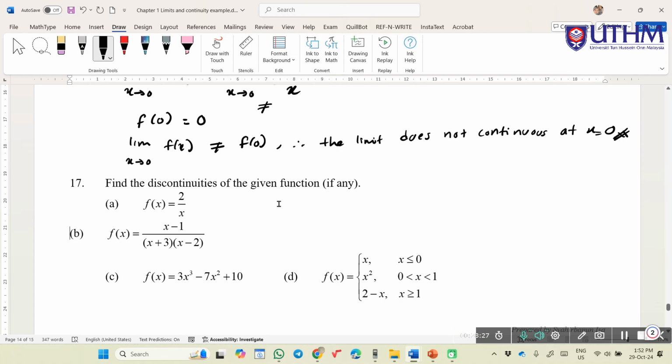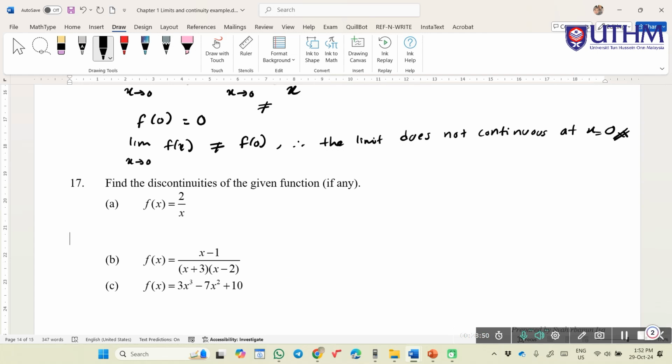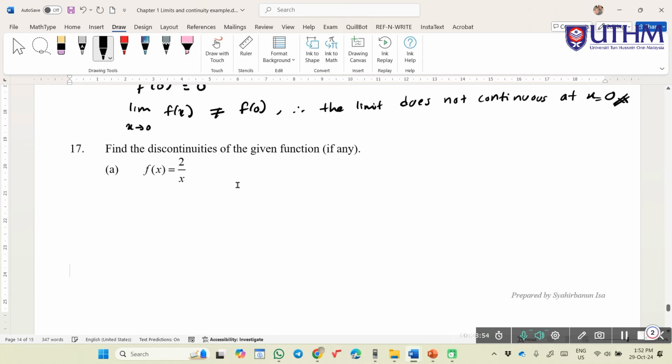So the function is not continuous when it does not satisfy the conditions for continuity. Okay, so you need to remember that. So for the first one, find the discontinuities of the given function.